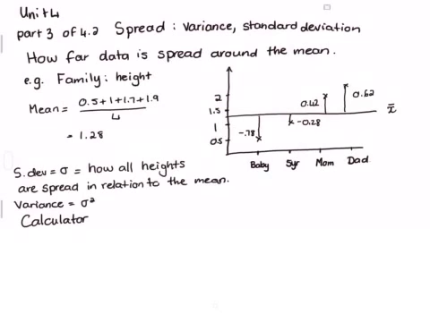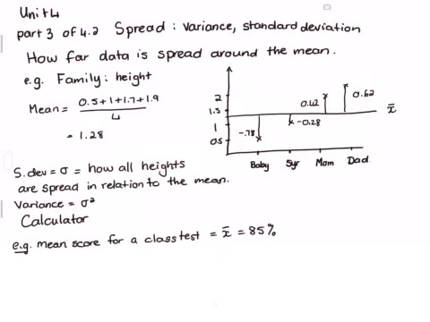Let's just see why is it important? Why do we need this? So let's say I have the mean score for a class test. So of all the students, the mean score was, remember mean is x bar, 85%.